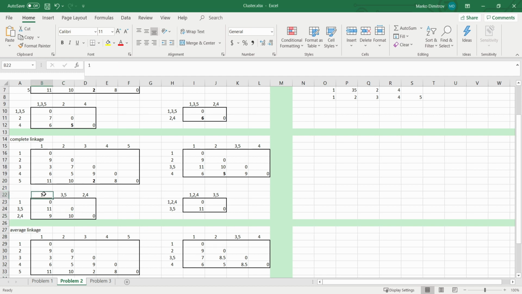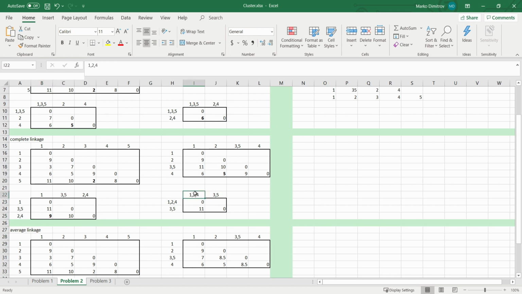So now we have this distance matrix, in which we select the most similar, 9. This means that we will merge cluster 1 and cluster 2, 4, or groups. Let's say groups. So we now have 1, 2, 4 and 3, 5.